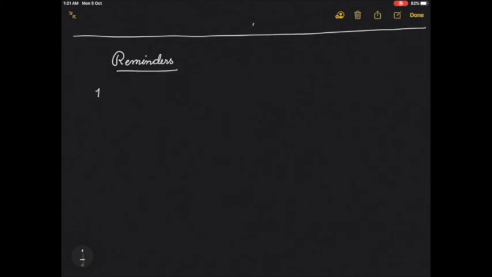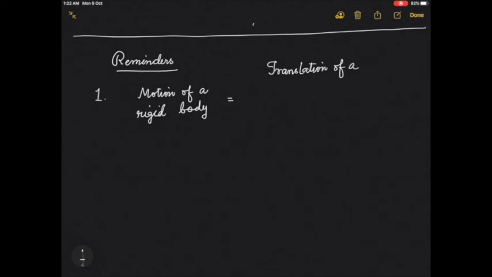First of all, let me remind you of Chasles' theorem, which basically told you that motion of a rigid body is translation of a point, preferably in the body. Most of the time we take it as the center of mass, but we may not, plus rotation about that point.